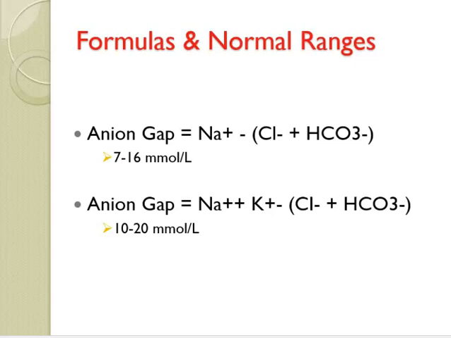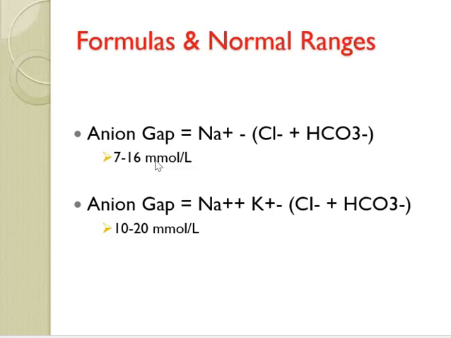Here's a couple of different formulas that you can use for the ion gap and their normal ranges. Your ion gap can be calculated using sodium minus chloride plus bicarb, or the other formula is sodium plus potassium minus chloride plus bicarb, and your normal ranges are there under each formula.